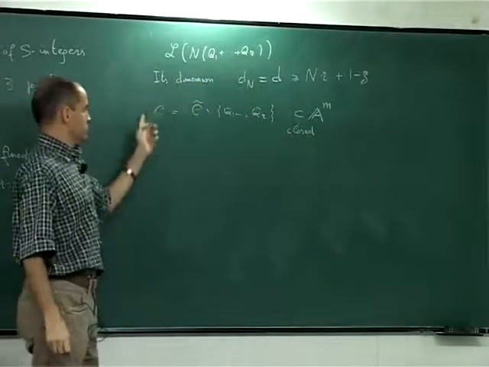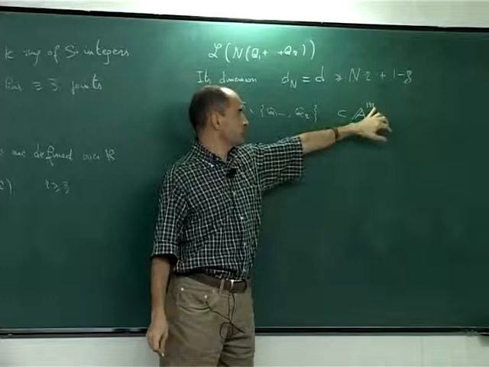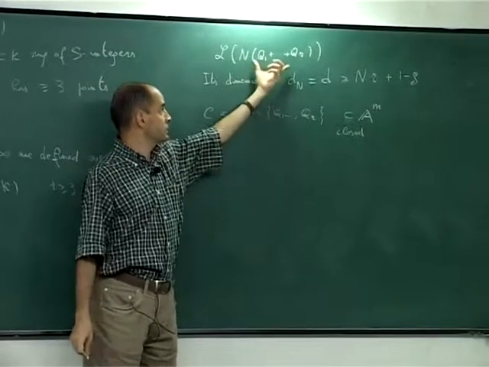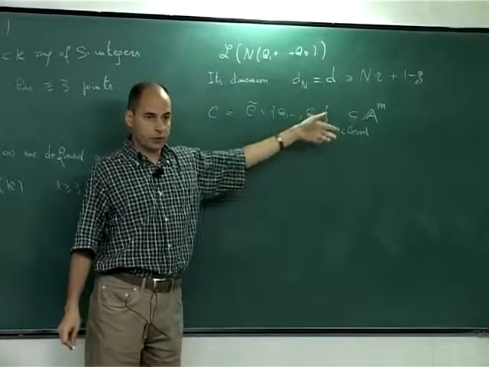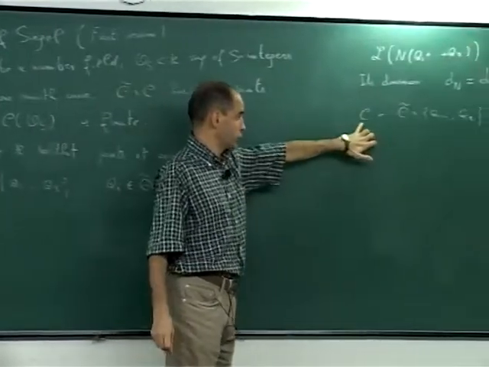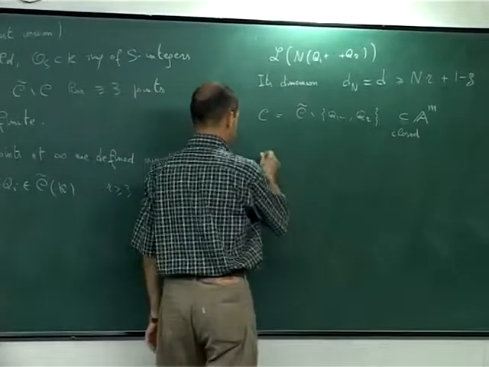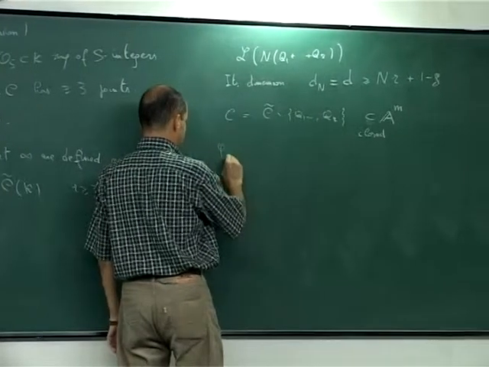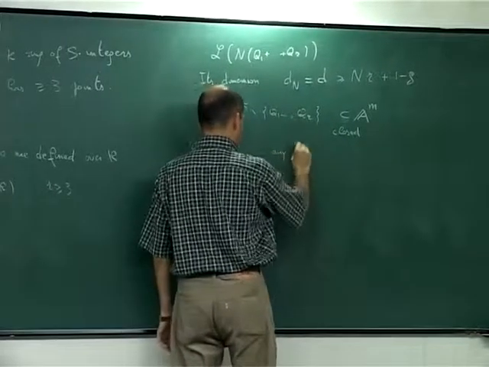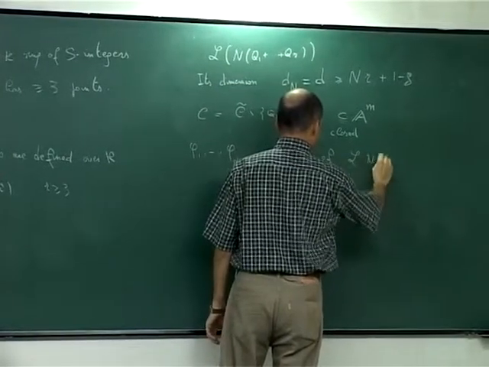So the regular functions on C can be written as polynomial functions in m variables for a certain m, and in particular the elements of this linear system can be viewed as polynomials in m variables restricted to the curve. Now consider phi 1, ..., phi d, any basis of L of nD.